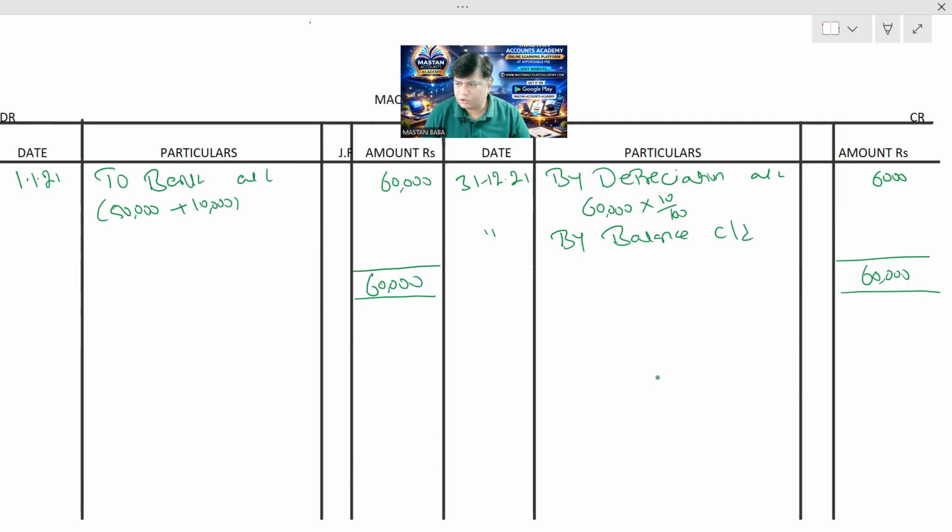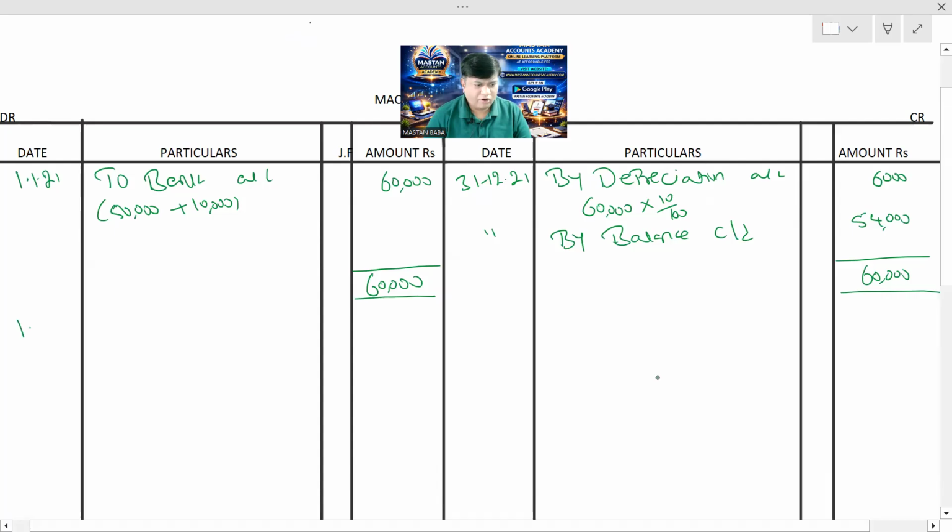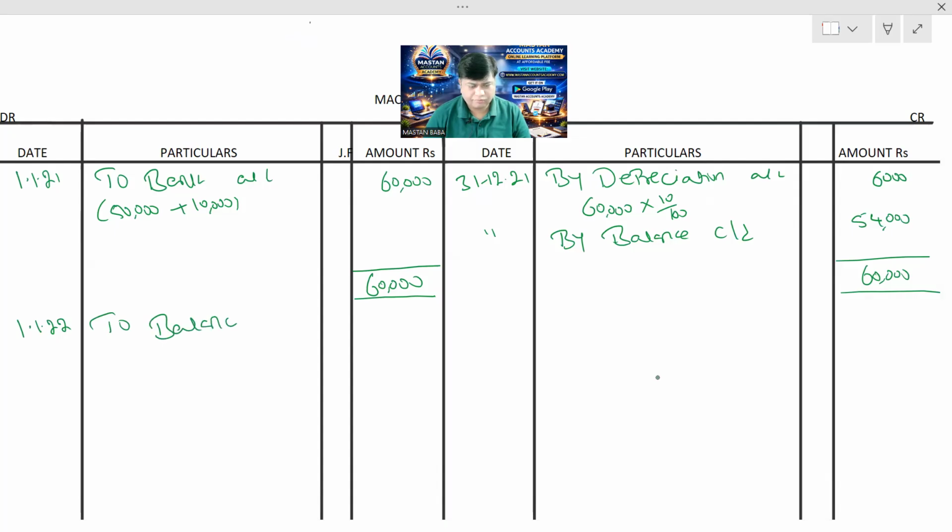The balance comes to 60,000 minus 6,000, which is 54,000. On 1/1/2022, to balance brought down, 54,000. Continue as usual up to 2024.